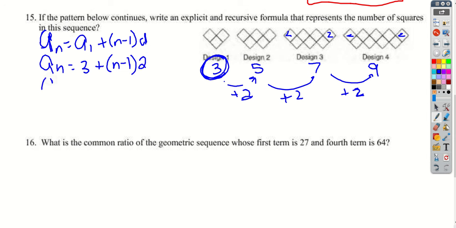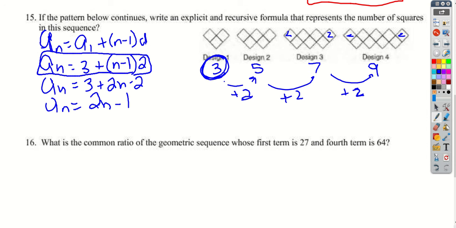And if we want to get in function notation form, I'm just going to distribute. So 3 plus 2n minus 2, and then combine like terms. So it's a sub n equals 2n, right, minus 1.